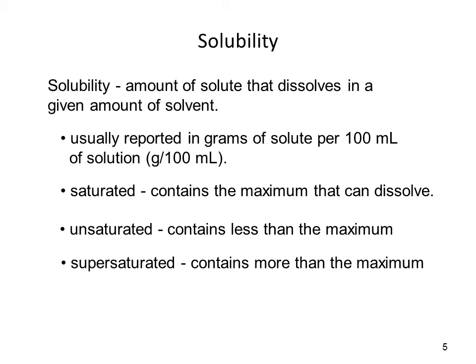Saturated means you've put the most in that can possibly be there. And that's usually what we define as being the solubility of a solute. How much is the most that you can put in? Unsaturated is anything less than that. And then supersaturated would be where you have more than the maximum. And that sounds like it's impossible, but it's not. And we'll look into that.